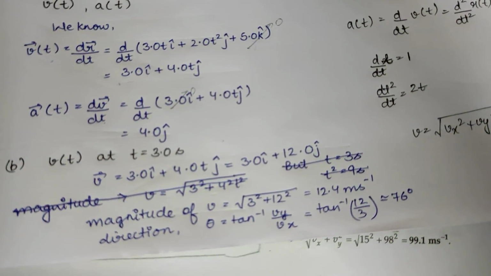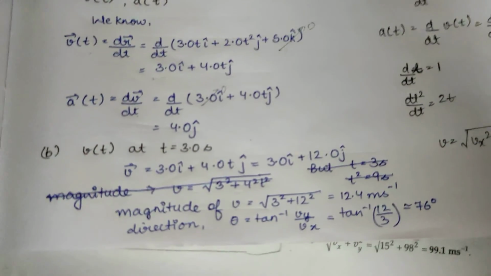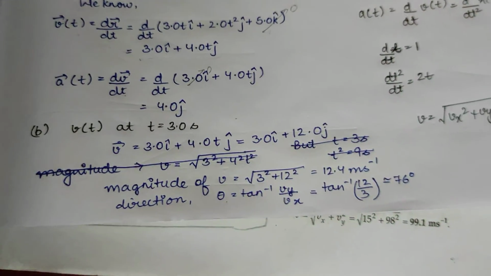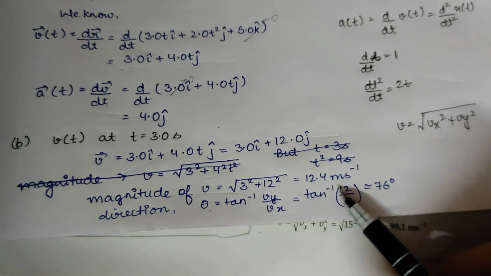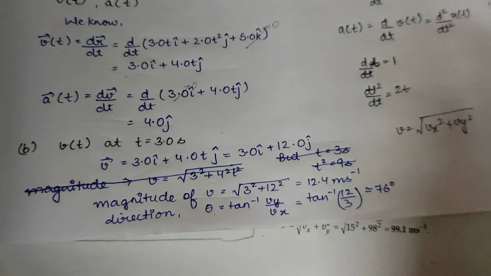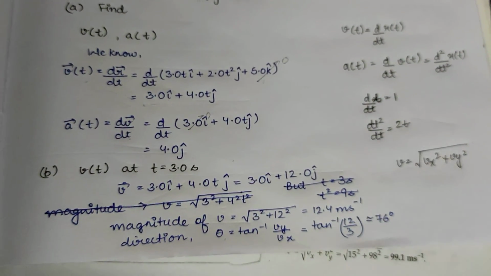On solving, it will give you 12.4 meter per second. And for finding the direction of the velocity, we will use theta equal to tan inverse of vy by vx. It will be tan inverse of 12 by 3, which on solving comes out to be approximately equal to 76 degrees. I hope all this is clear to you.